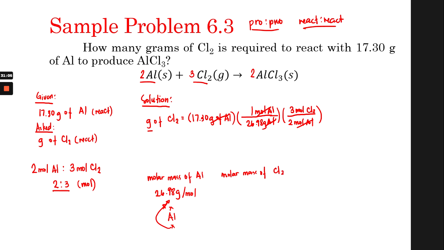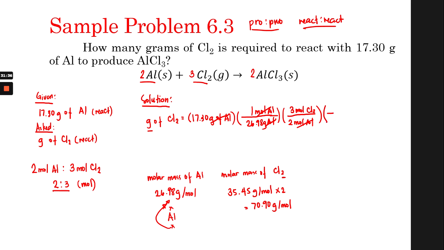So since this is just an element, just look at the periodic table and identify the mass of Cl. And mass of Cl is actually about 35.45 grams per mole. And since we have 2, you just have to multiply that by 2. That is equal to about 70.90 grams per mole of Cl2.